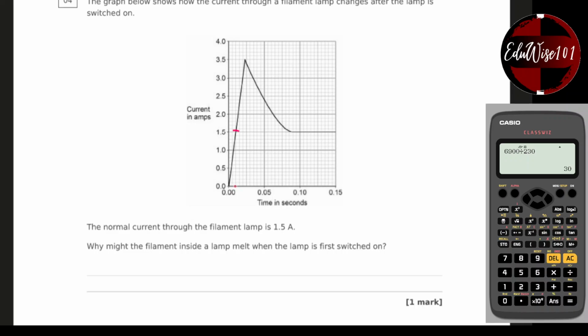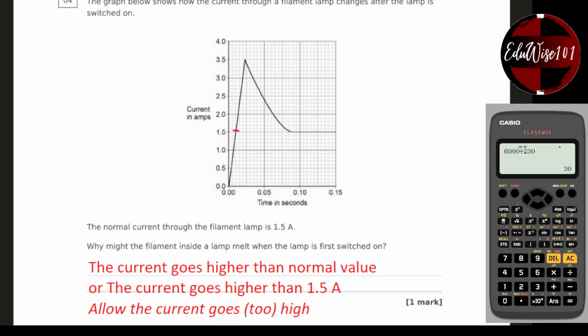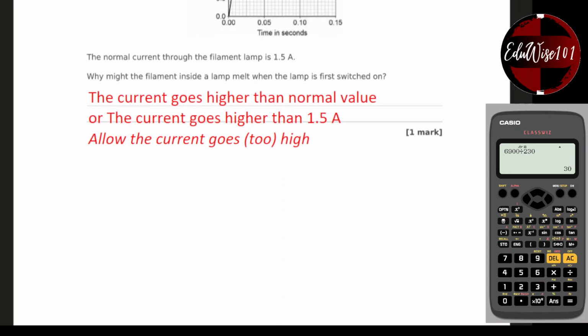At the start, in the first 0.025 seconds, it's actually spiking up to 3.5. So why might the filament inside a lamp melt when the lamp is first switched on? The current goes higher than the normal value, or the current goes higher than 1.5, which is too high, and it will melt the filament.